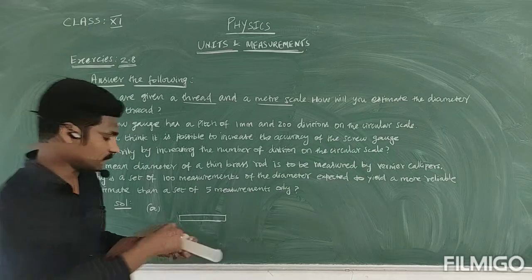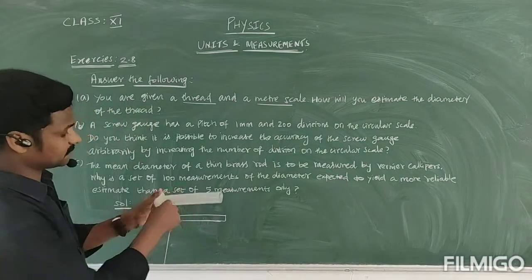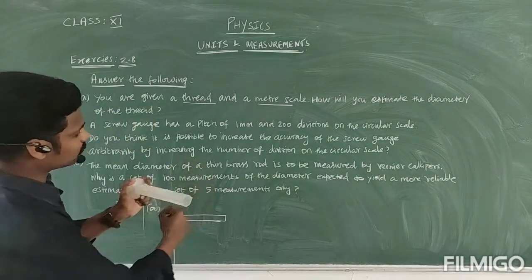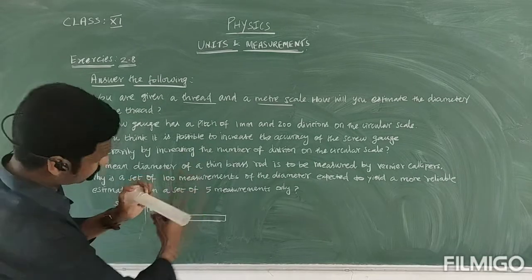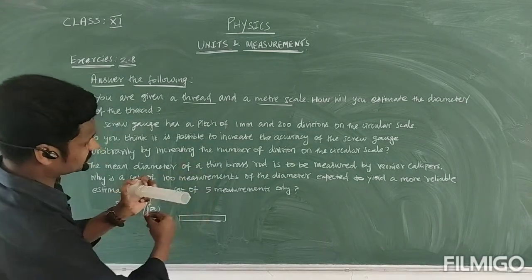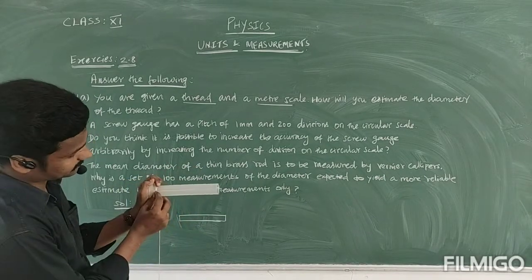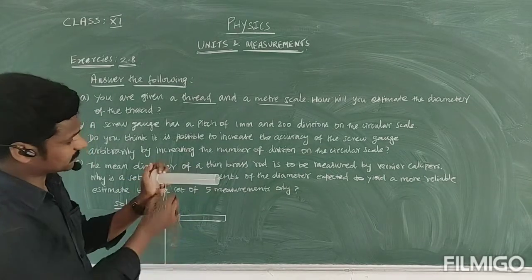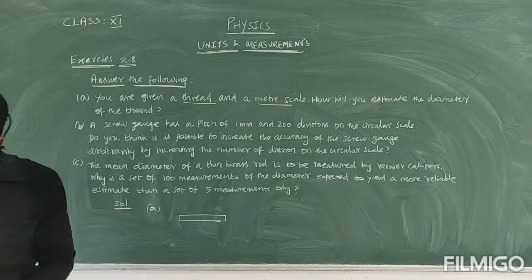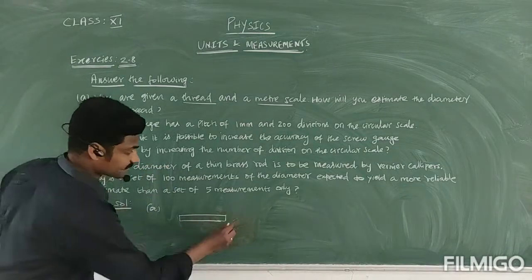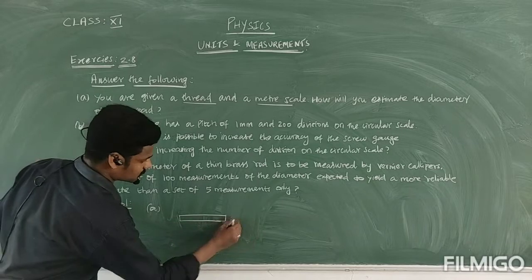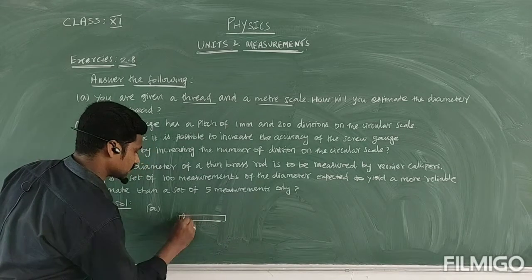So here let us say this is the meter scale. We have to wind this thread on the meter scale, like this. Let's imagine now this is a meter scale, and it is wound like this.